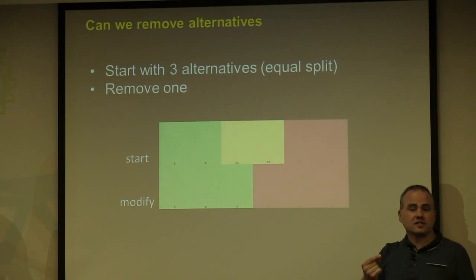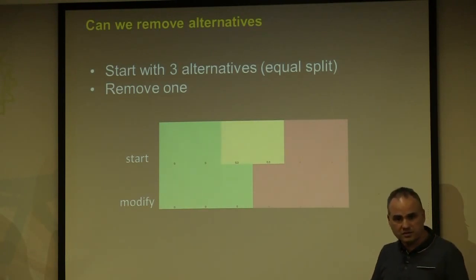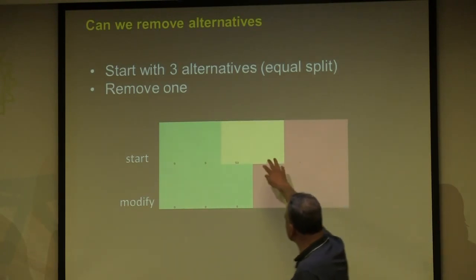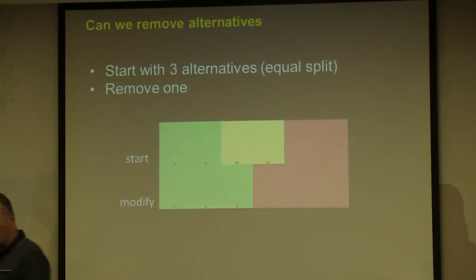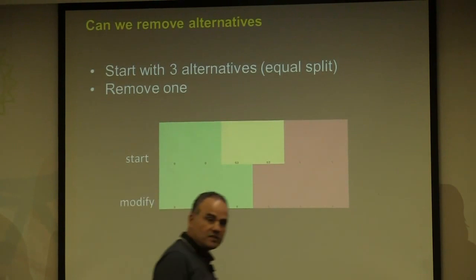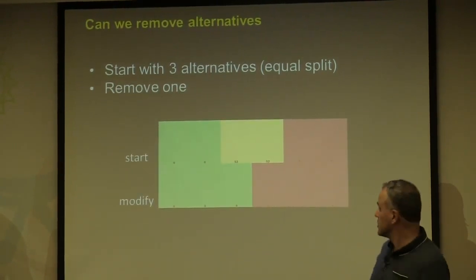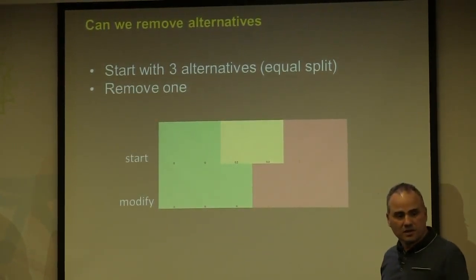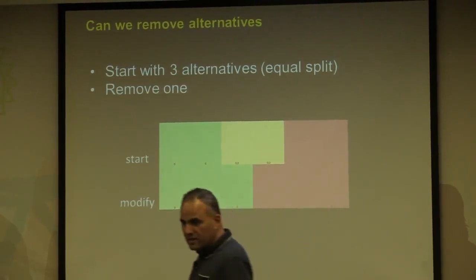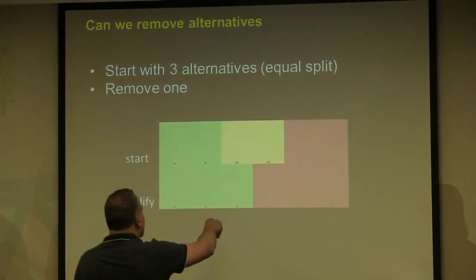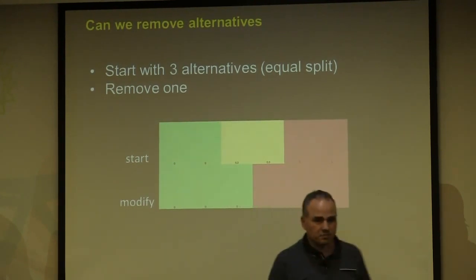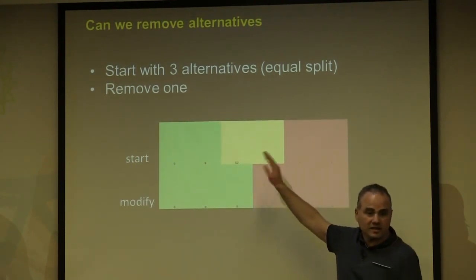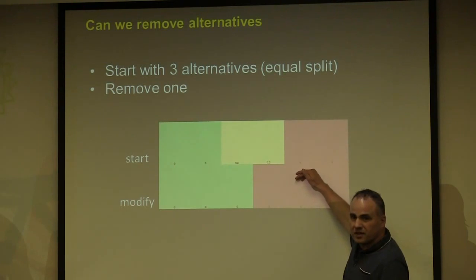If I'm selecting randomly one that is not in the yellow, what is the probability of this person to be red? 50%. Yeah, here we throw away and we evenly split between them, and this is why it is fair.